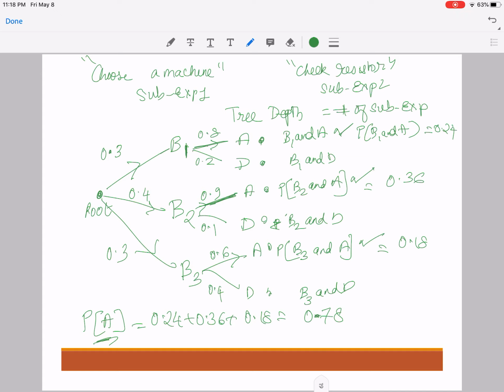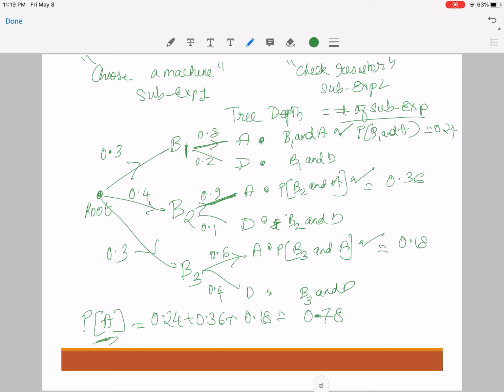So that's how you apply your tree diagrams. You carefully read the problem statement. You identify how many sub-experiments are being performed. The depth of the tree is going to be equal to the number of sub-experiments that you're performing. Lay out your tree diagram appropriately. Label the branches with the relevant probabilities by carefully reading the problem statement, and then find the probabilities of the leaves.